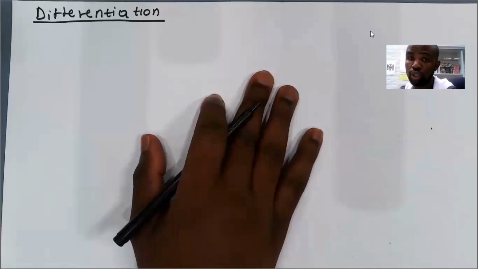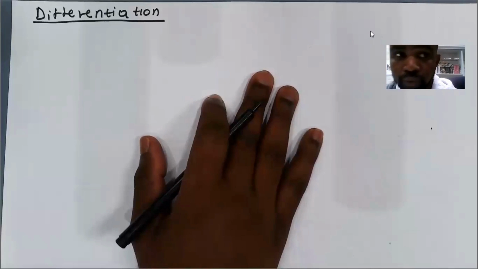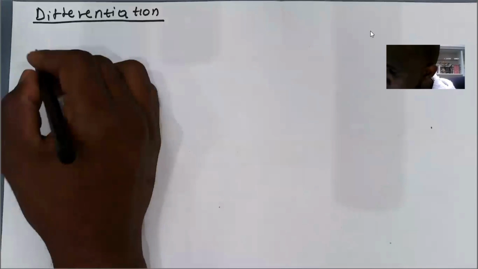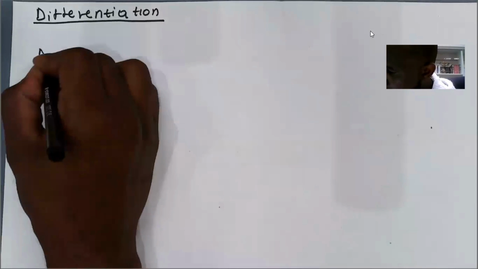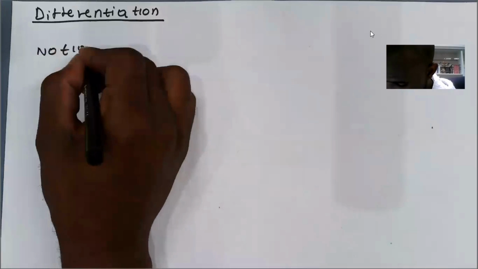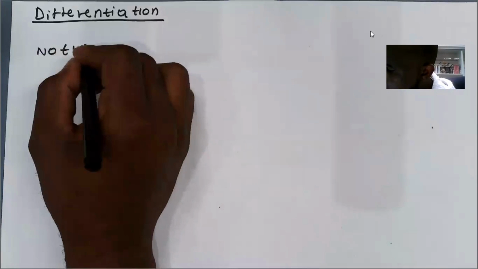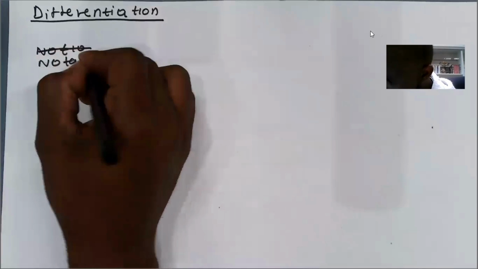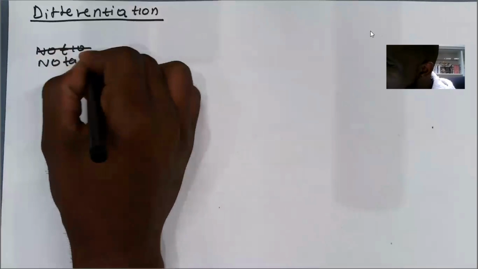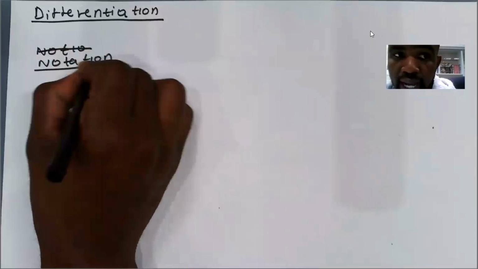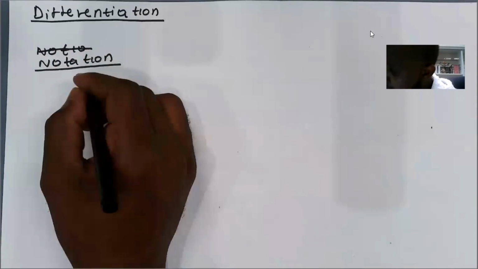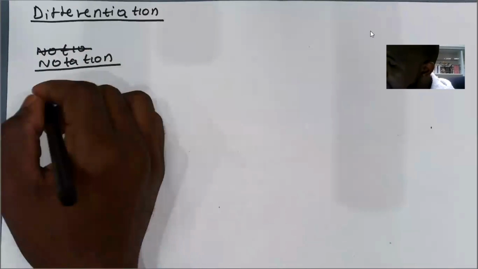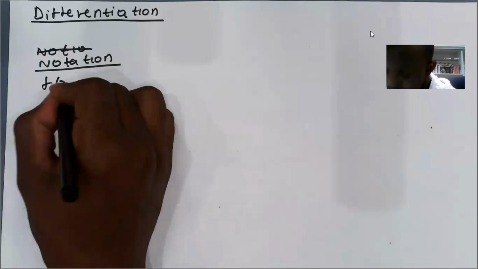But before we go there, there are some notations that I want to talk about, the ways they are written when we derive. Remember, sometimes they will give you f at x, and then say derive.